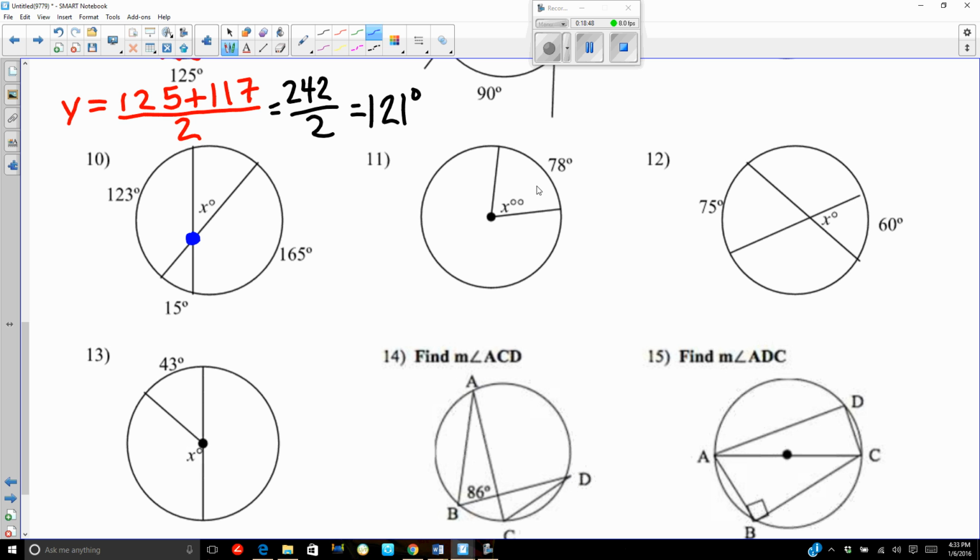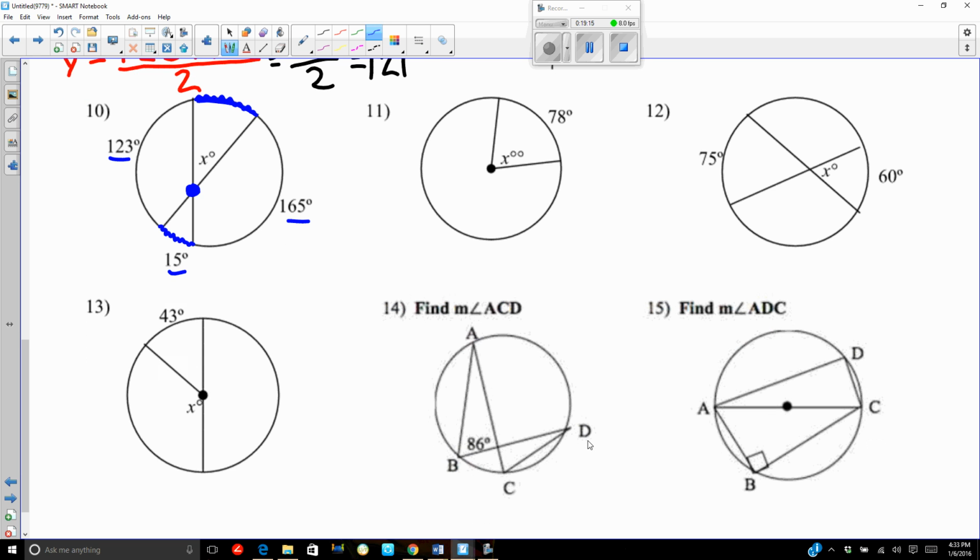The two arcs that we're going to use to find our answer are this 15-degree arc, and then whatever the measure of this arc is. And we can easily find this arc right here by adding up these measures and subtracting from 360. So that's kind of the strategy you want to go about solving number 10.